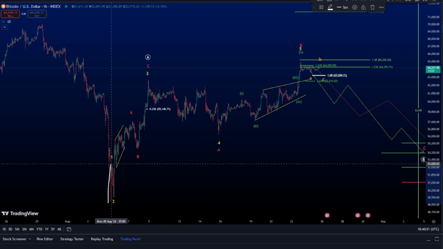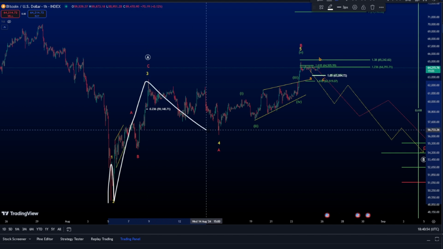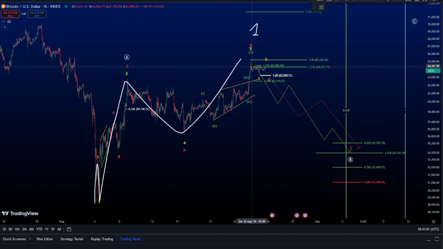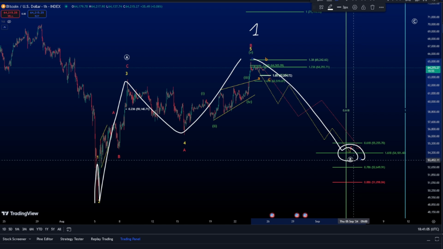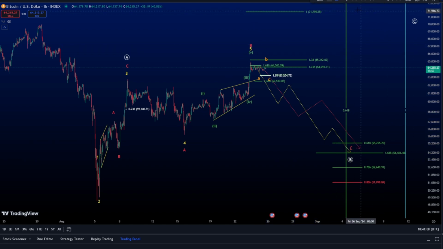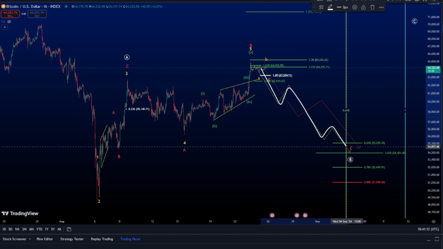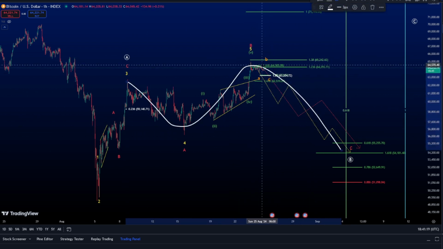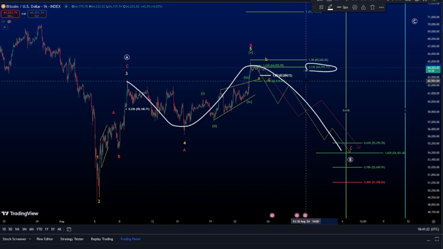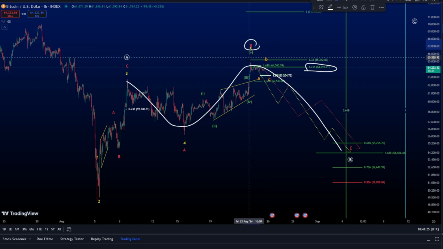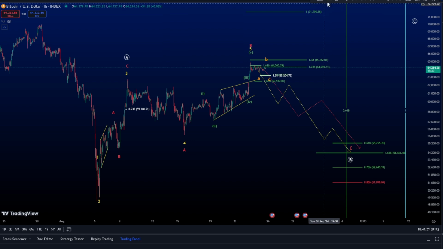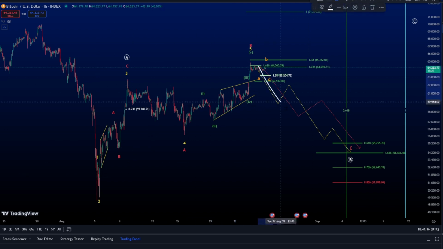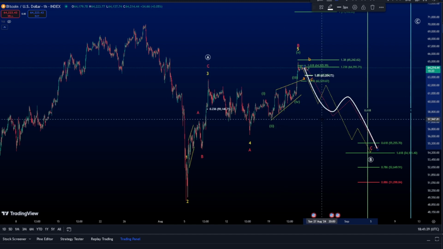Now, if we want to be bullish, 1, 2, 3, 4, and 5, finishing your wave 1 here, right? And we are looking now for a wave 2 towards the downside, okay? If we get an impulsive wave towards the downside with 5 waves, that means we are in an expanding flat already, because we have already hit the 1.23 fib level for an expanding flat, wave B. At the same time, we have hit the fib level for an impulse, 1.618, and we are looking for 3 waves down in case we are bullish.